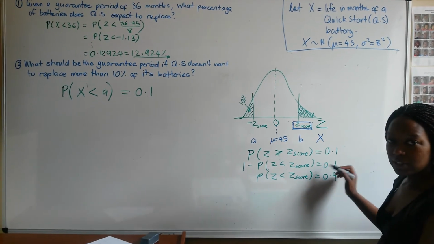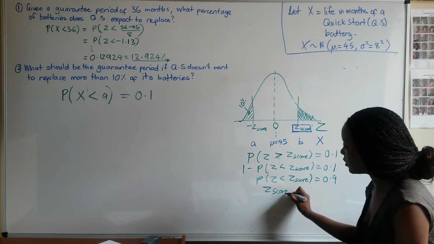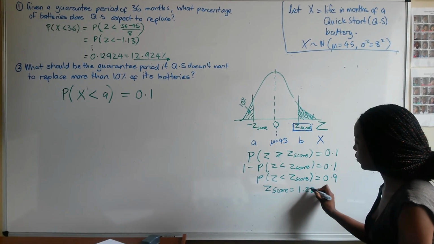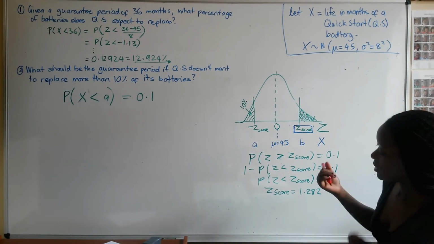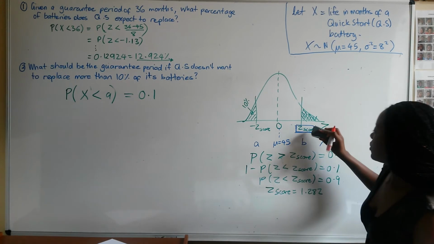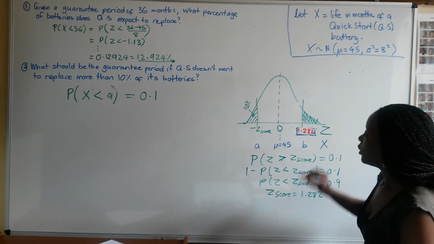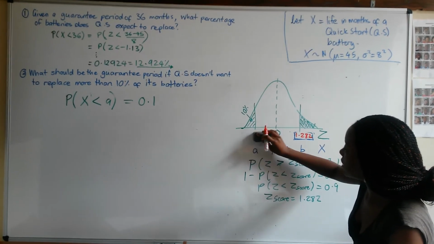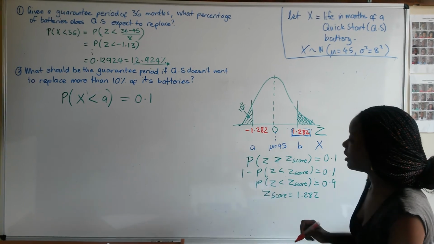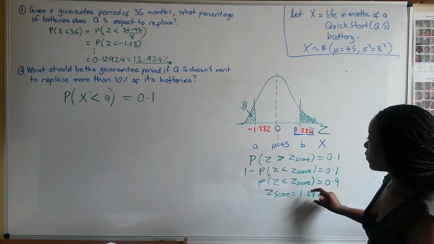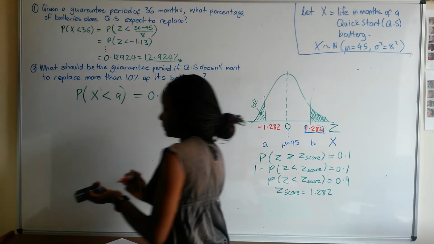We can find a Z score for a probability of 0.9. From our tables, that Z score is 1.282. So we now know that the number that replaces this Z score here is 1.282, which means the number that replaces this Z score on the other side is going to be a negative 1.282.